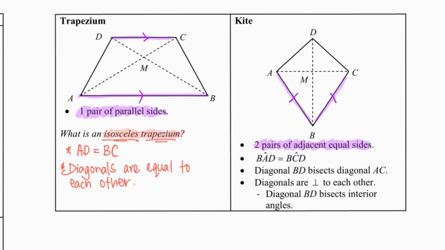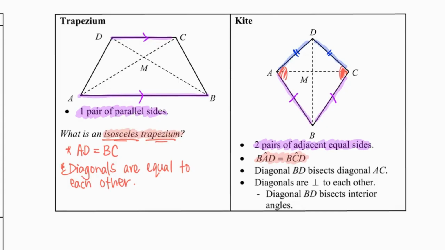AD is equal to CD. And BAD is equal to BCD. Okay, BAD equals BCD. This is the properties of a kite.